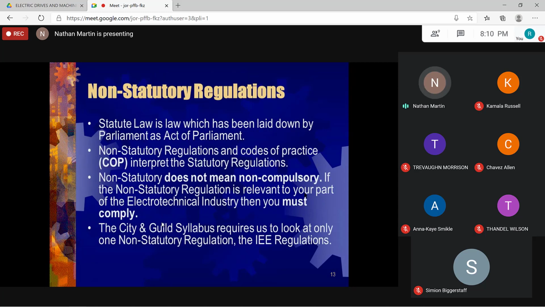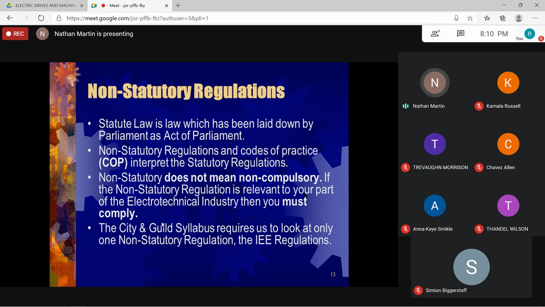All right, non-statutory regulations. So some of the non-statutory regulations involve, as I said before, really codes of practice, right? And really, they are there for you to work safe, and not everything will be captured under the statutory regulation, right? So these things too can cause harm, can cause death.